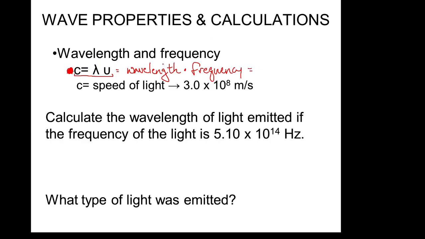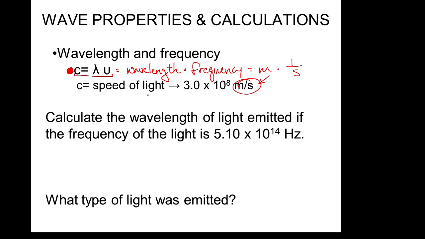Remember wavelength is in meters and frequency is in inverse seconds, so when we multiply these together, you get meters per second, which is the unit we use for speed or velocity.